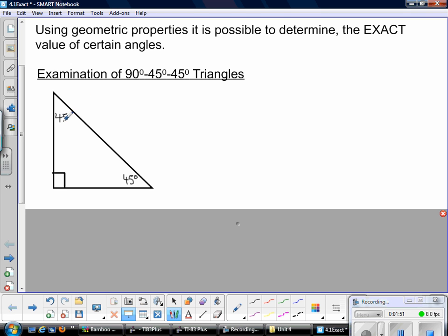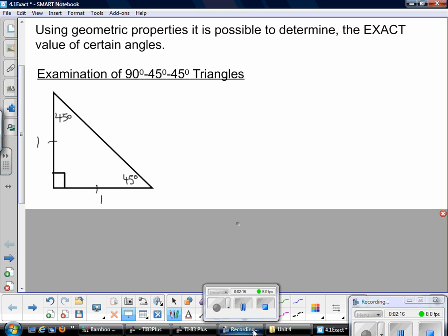Now this is a special triangle, not because it's a right angle triangle, but because it is an isosceles triangle, which means that this side has to equal this side. That's what isosceles means. So the first thing I'm going to do is assign the number 1 to my side lengths.